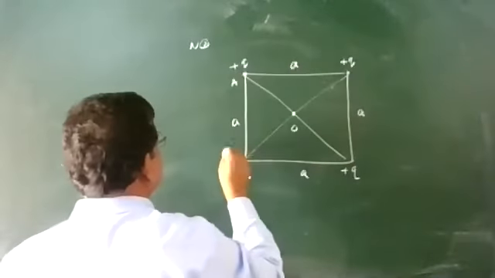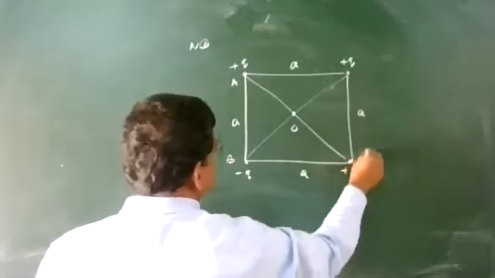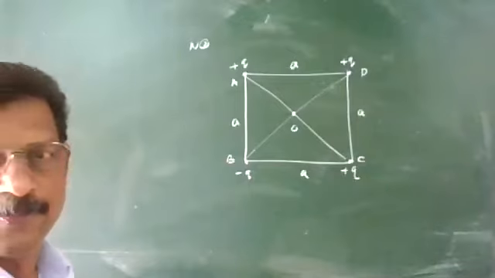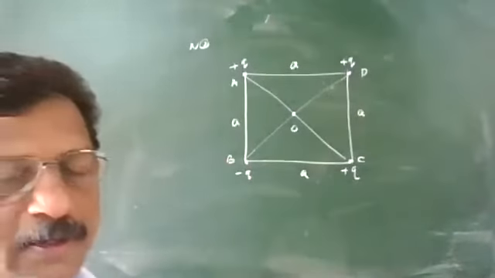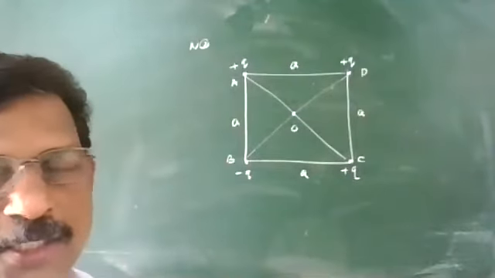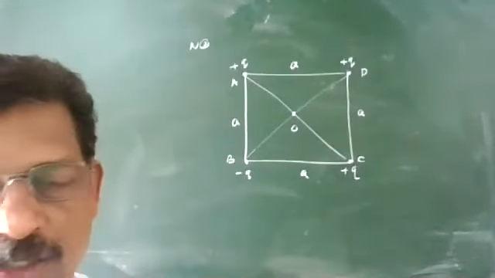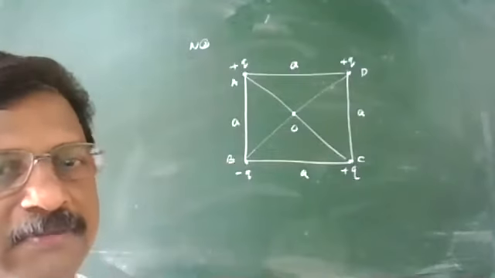This is point A, B, C, and D. There are 4 charges. Four charges are placed at the corners of a square of side A. Find the total potential at the center.